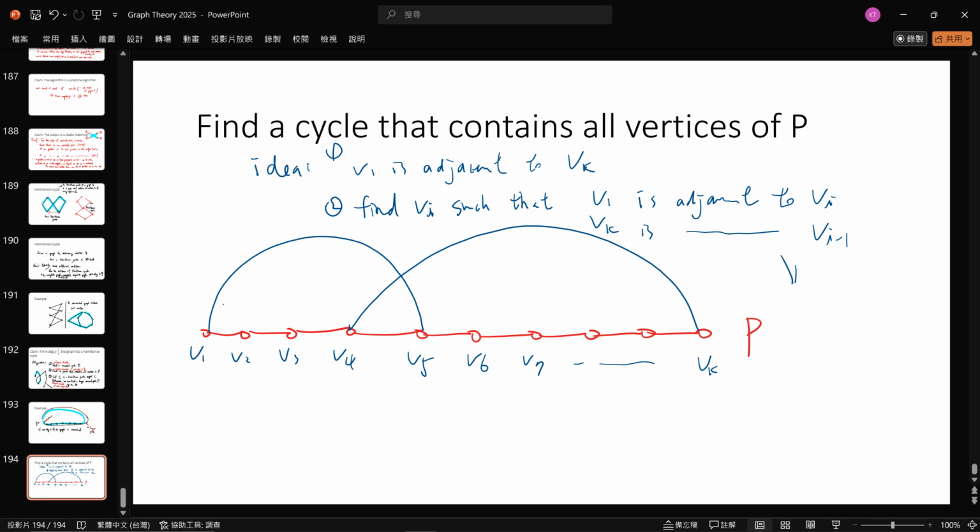Let's call this crossing neighbors. We'll say that Vi and Vi minus 1 are crossing neighbors.